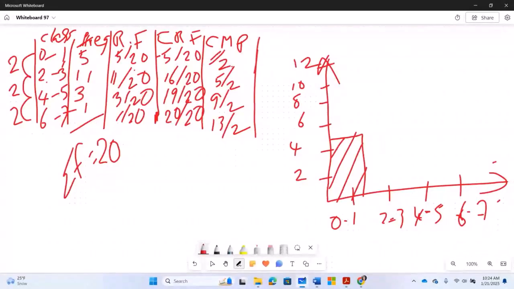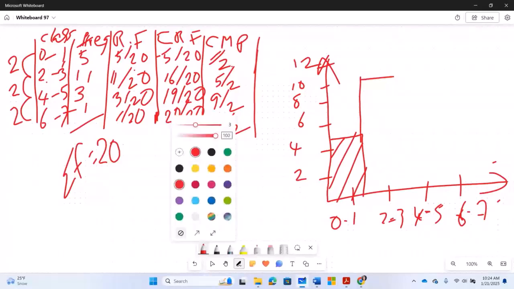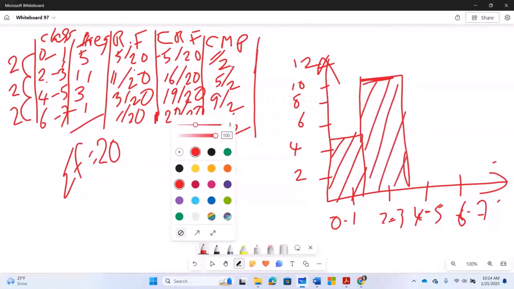So you see, this is where 11 is. I'm going to draw a line and make a rough sketch. So that is the bar for the second class. Now the third class has a frequency of 3. So 3 is somewhere here, and that is the bar.